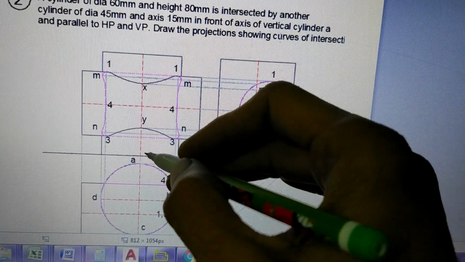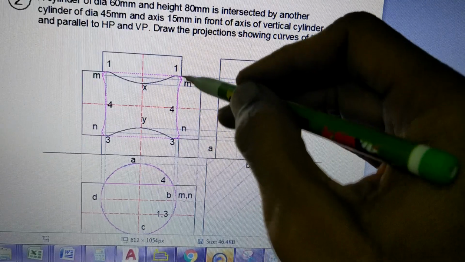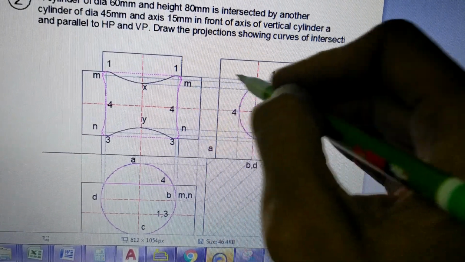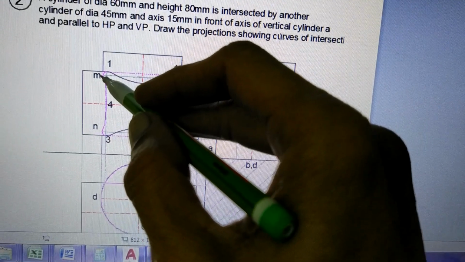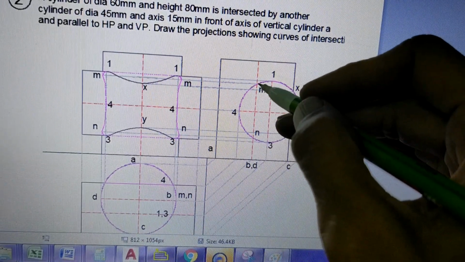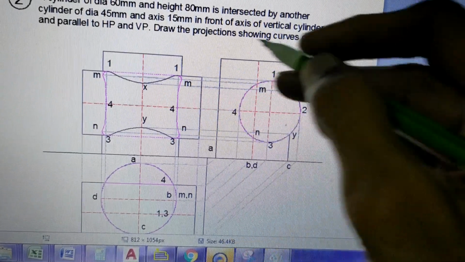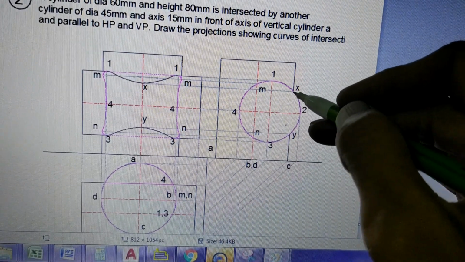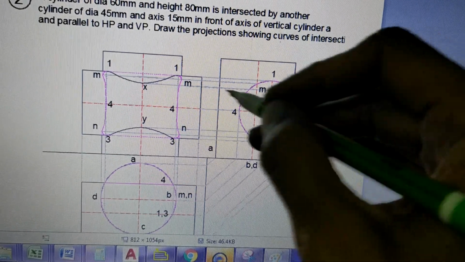So BD generator is here. So on this BD generator, point M will be over here. You can project like this, this is point M. So we have got 4 M 1, 4 here, M here, 1 here. So at this stage we have got all the points X1, M4, N3, Y.